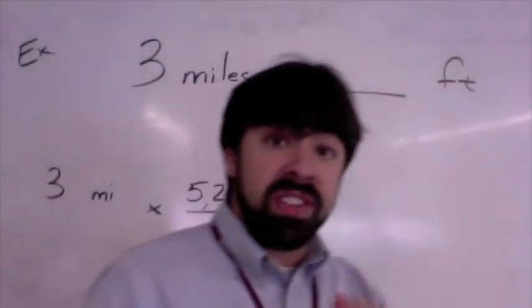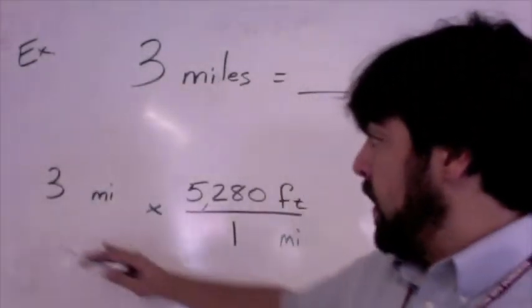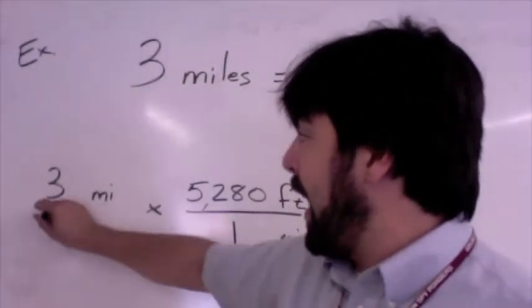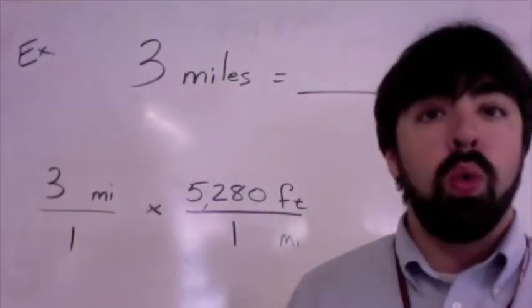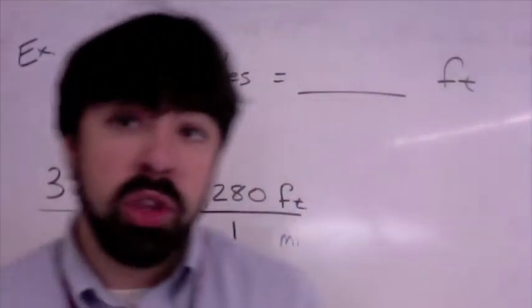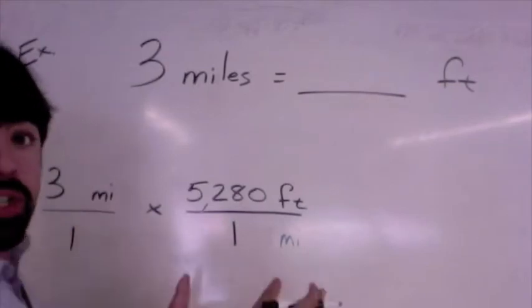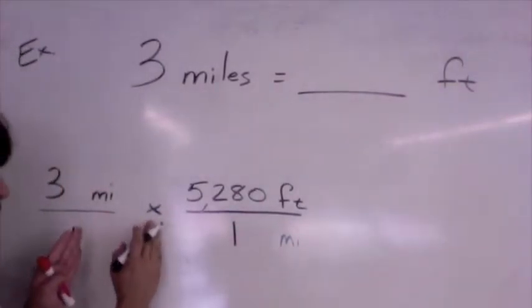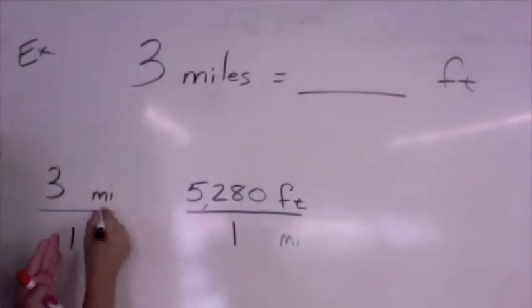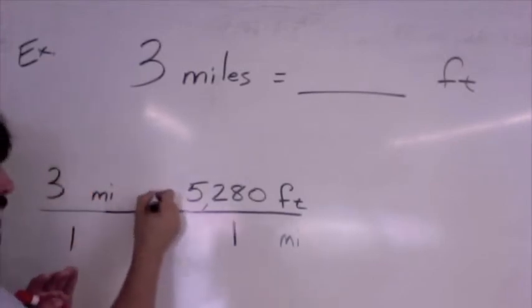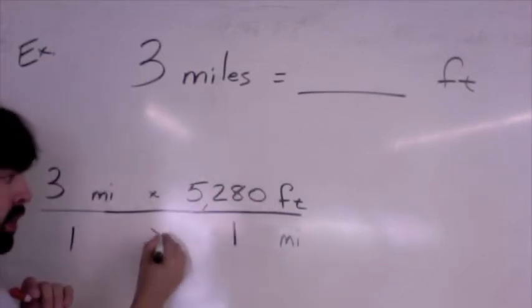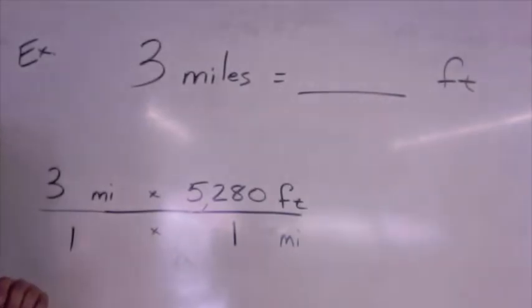So remember what we discussed in class. When you've got this number, it's like it's over 1. And when you're multiplying two fractions together, this is literally the same as just extending that together, multiplying the tops together, and multiplying the bottoms together.